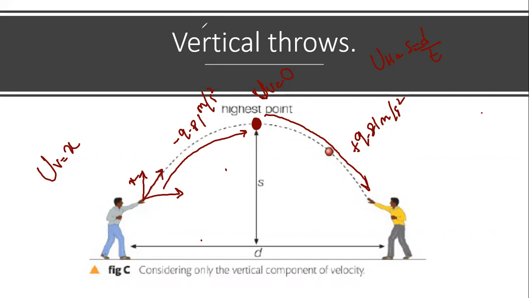Let's say they want me to find the time for the total journey, how much time it took for the ball to go from here all the way till here. I'm going to start with my vertical component. There's one possibility where they will give you the vertical component, which makes things easier for you. The other possibility is that they tell you the resultant.